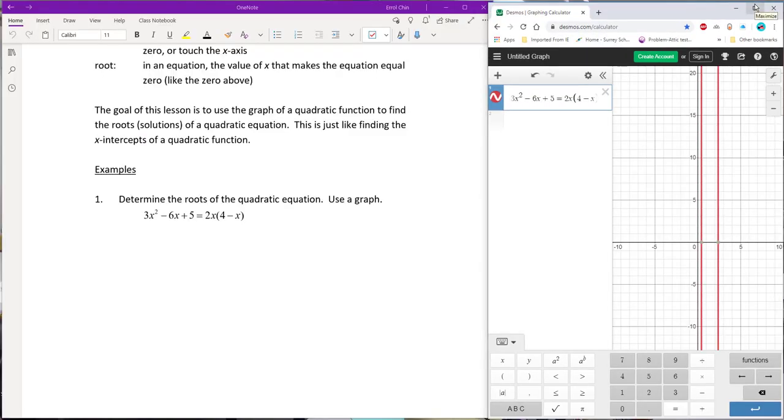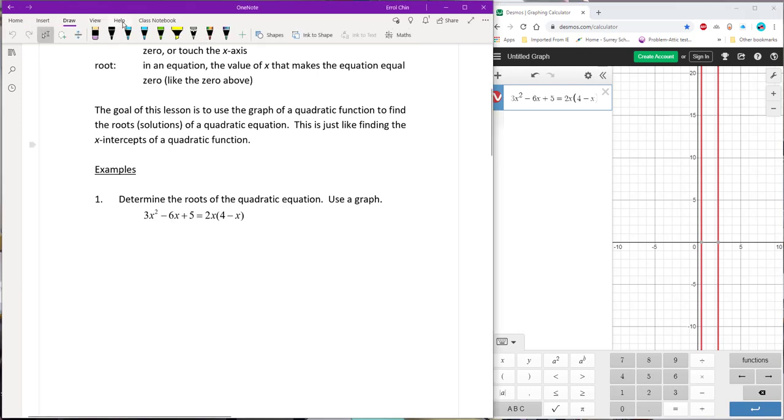So in my notes, my zeros, or my x values, are 0.42 and then 2.38. And that's it. So we're interested in where the graph crosses the x-axis. Moving on to the next part.